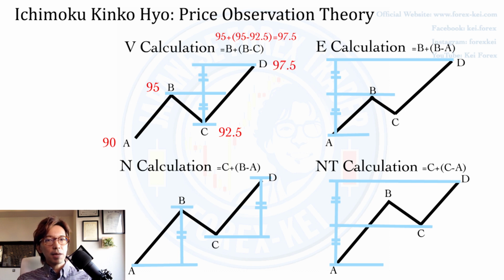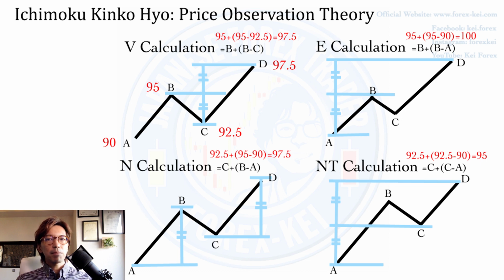And you can do the same with E and N and NT calculations and get each expected target. You just take 3 numbers and punch them into equations and you get the targets on each calculation. And like I said, there are other variations like 2E calculation or 3E calculation.